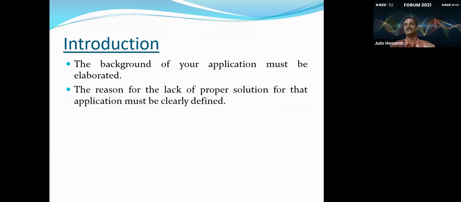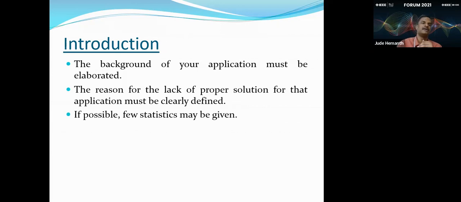The editor is not going to read your paragraphs; he doesn't have any time. The reviewer is going to check, and when he reads your paper, he must know that this application is really important in the current scenario. So for that, you need to give some statistics. Statistics is the best way to impress a reviewer. Try to give some statistics based on your application in the first paragraph.